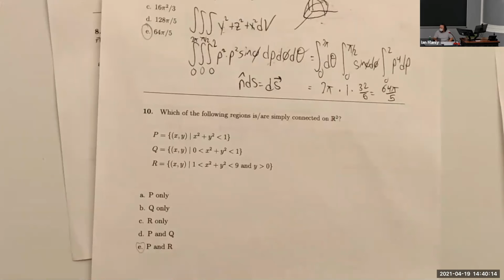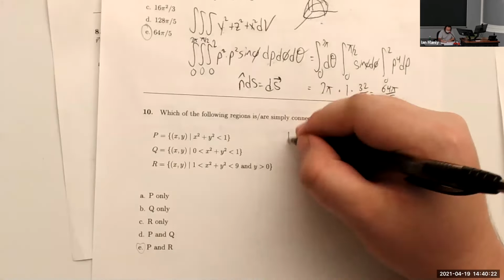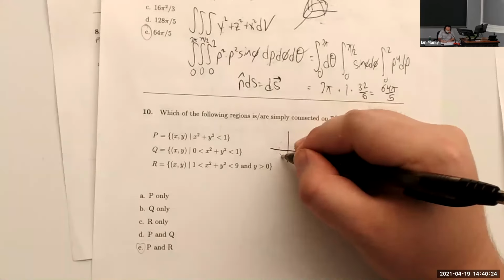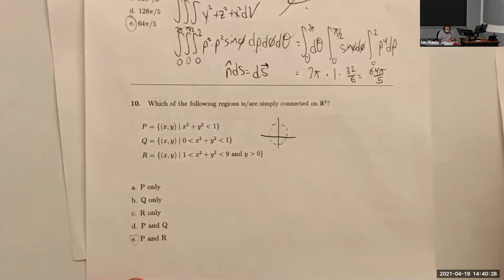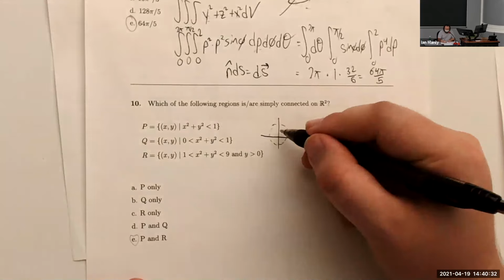Let's see here. So I have x squared plus y squared less than 1. So this is just everything within the unit circle, not on the boundary. Is this simply connected? Are there any holes in here? Can we constrict every loop down to a point?